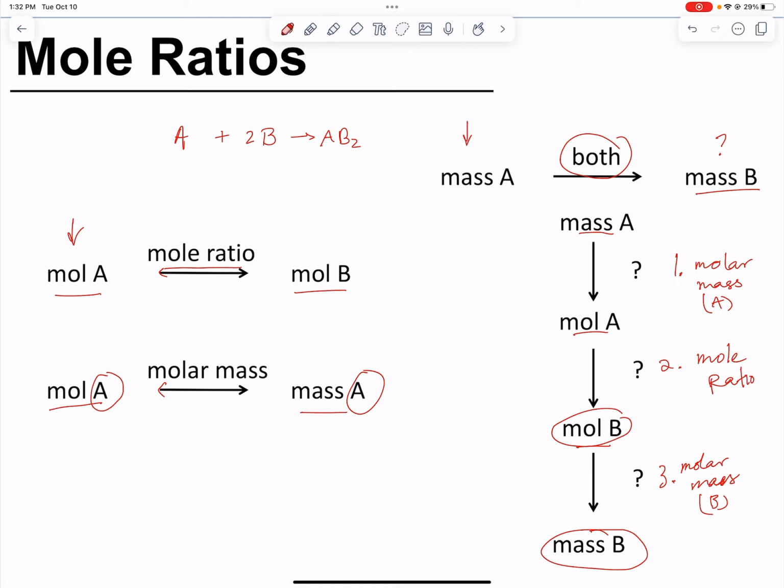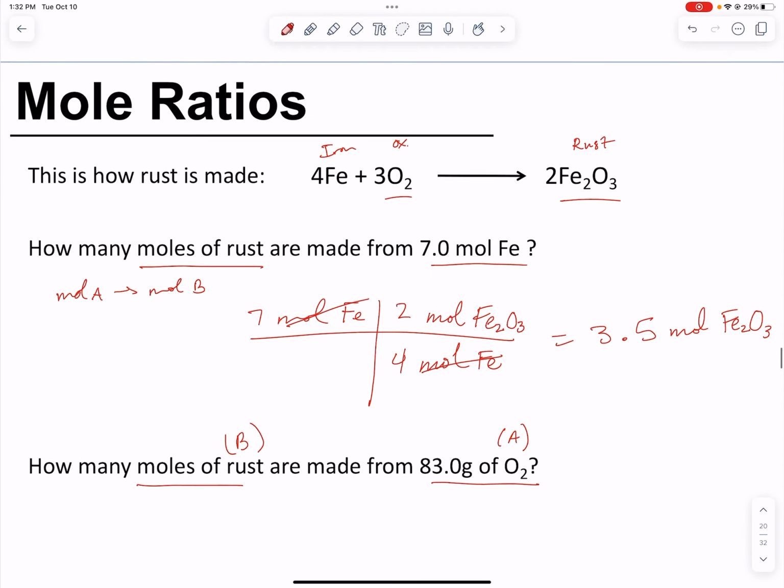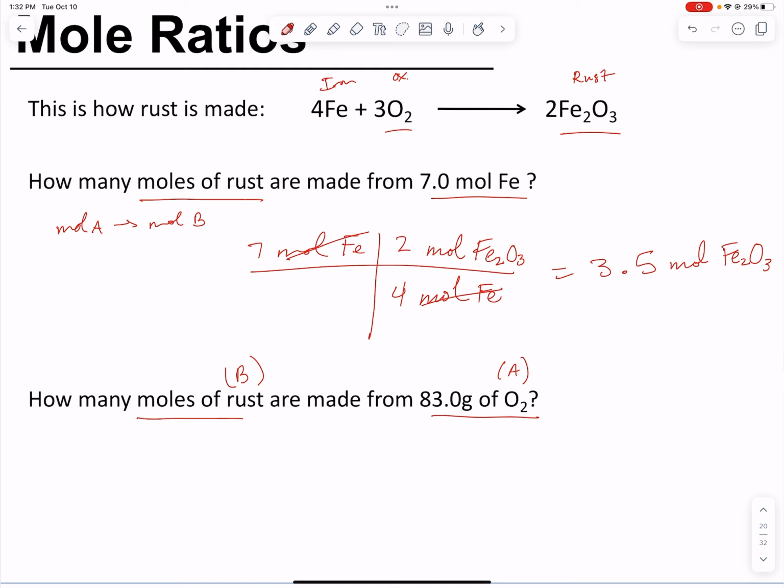So it's not a full 3-step problem, but we're still going to need to convert first to moles of oxygen using the molar mass of oxygen, and then from moles of oxygen to moles of rust. So we won't do the 3rd step. We don't need to convert to grams since the question just asked for moles of rust, but we are still following this diagram. So we're going to start off with 83 grams of O2.